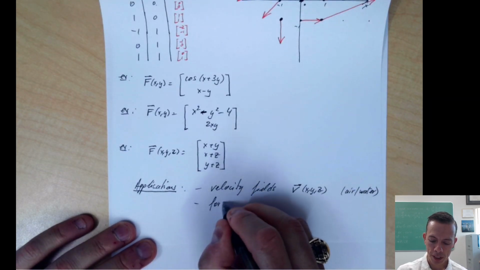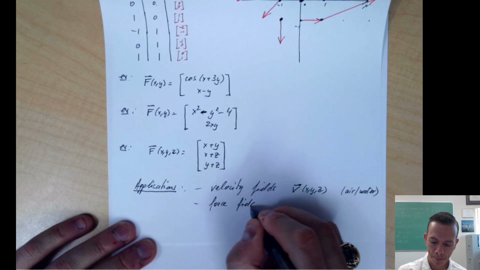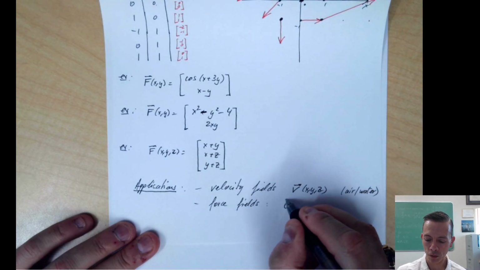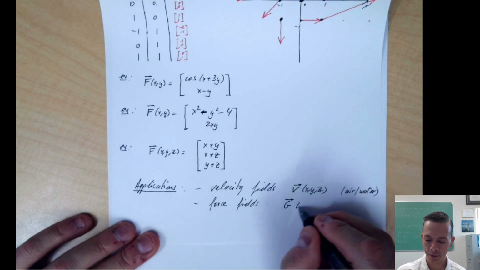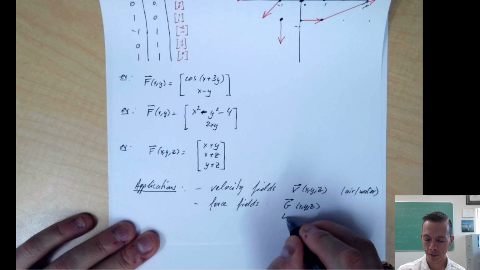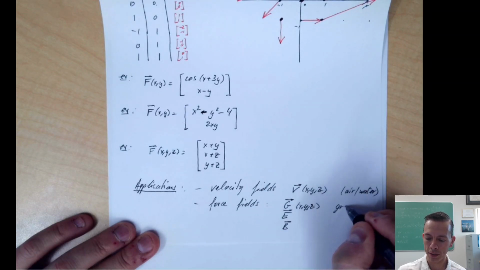Force fields, and depending on the force, it could be a gravitational force field, G, or it could be an electric or magnetic. These are the letters that are used for gravitation, electric field, and magnetic field.